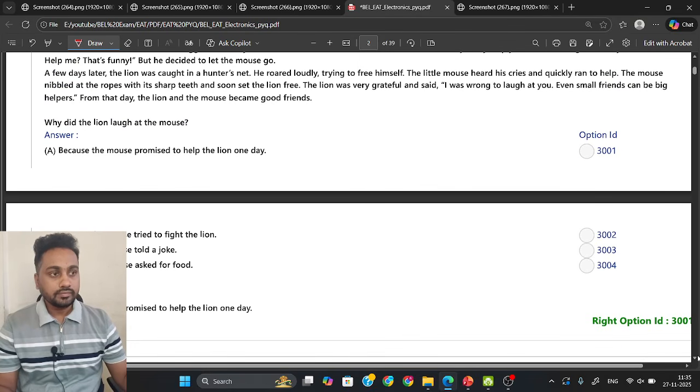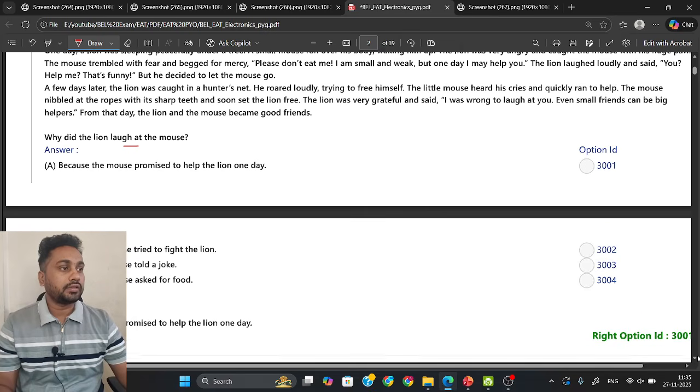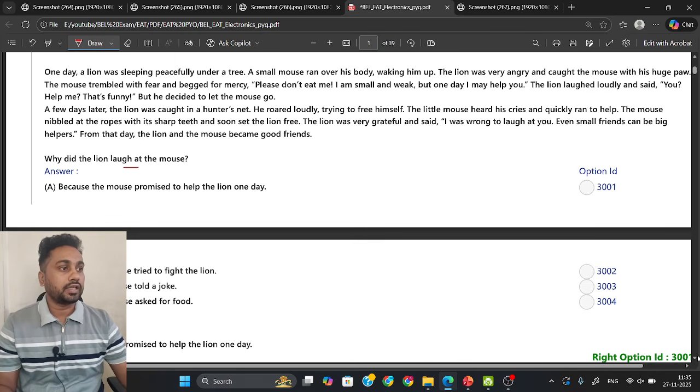Now, why did the lion laugh at the mouse? Somewhere in this passage it is written that the lion laughed loudly and said, "You help me, that's funny." But he decided to let the mouse go.